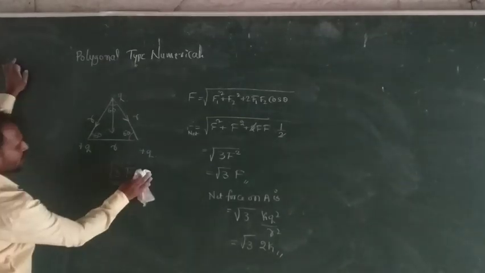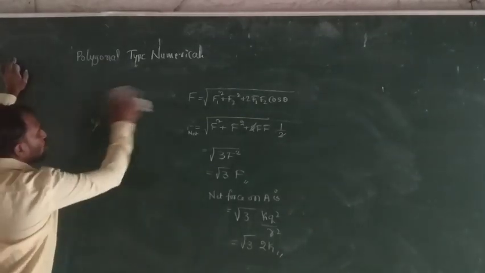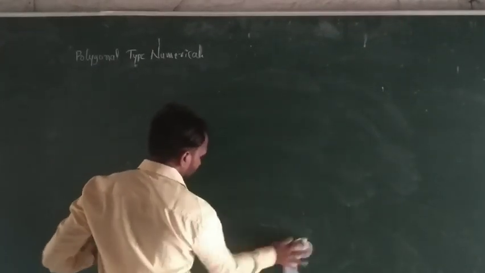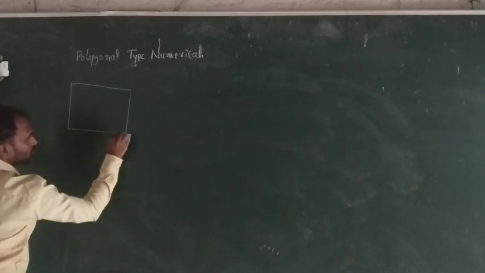Next one, the 4 charges are placed at 4 corners of a triangle. So 4 charges.